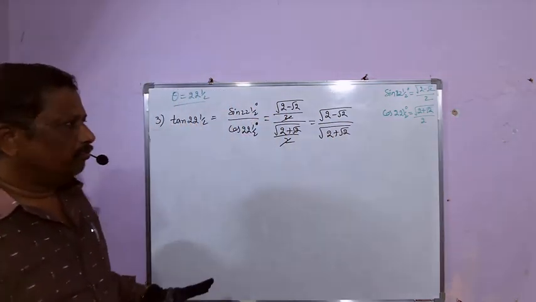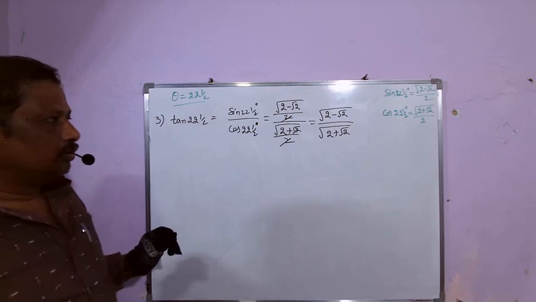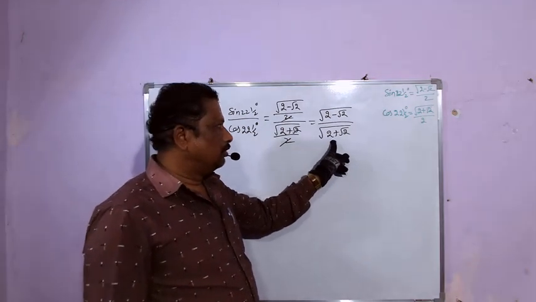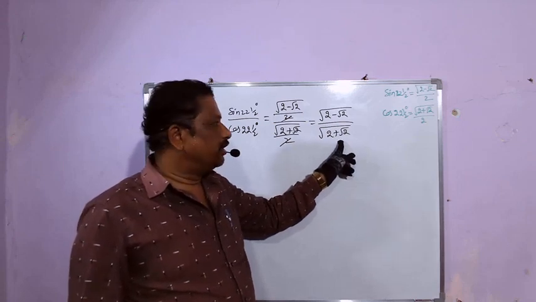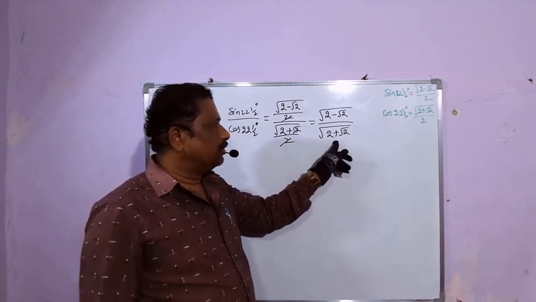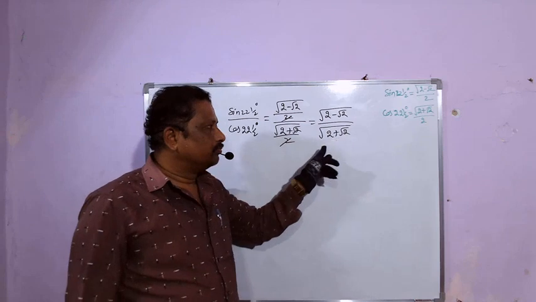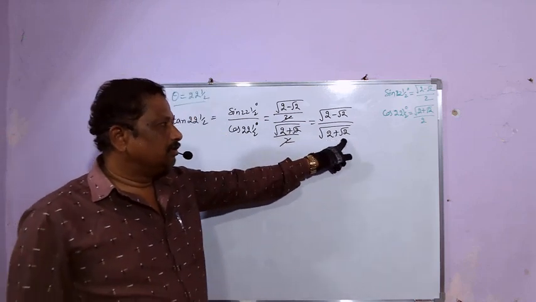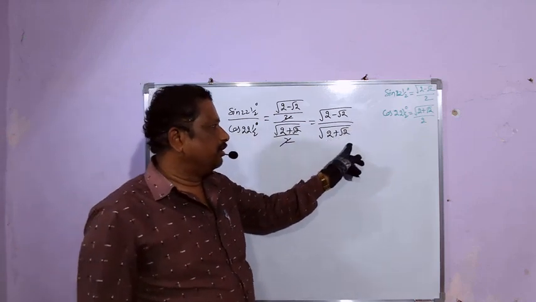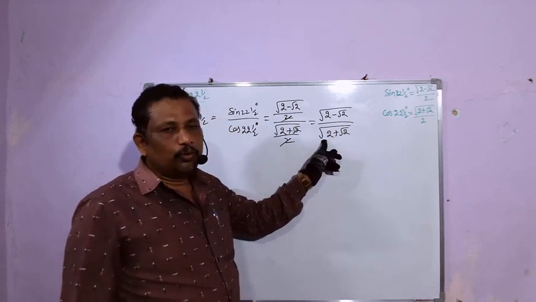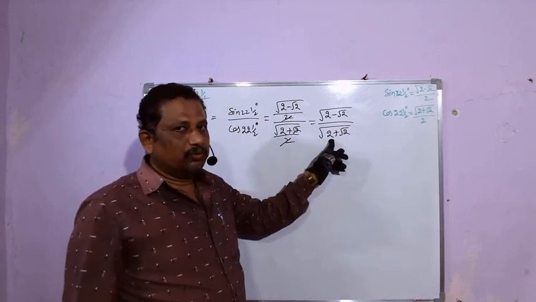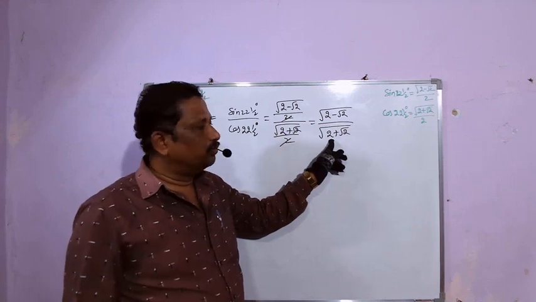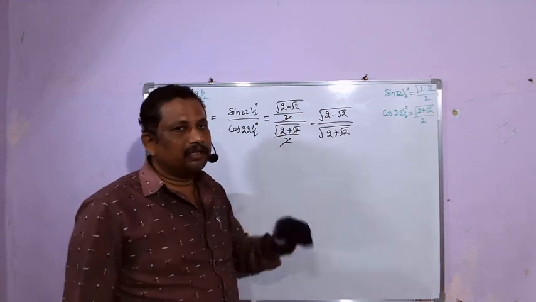Now what do we have to do? To rationalize the denominator, first we have to multiply numerator and denominator by root of 2 plus root 2. It will cancel the root.